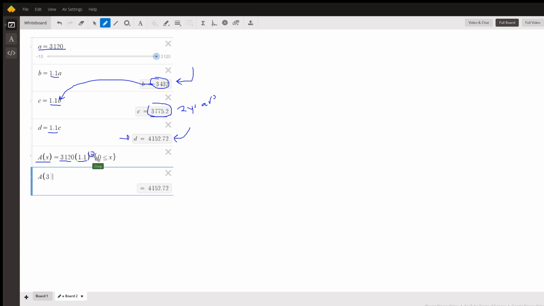Then after 1 year, I've multiplied by one factor of 1.1. After 2 years, I've multiplied by 2 factors of 1.1, and so on. So after 3 years, there's the new amount, $4,152.72, which matches what we did manually.